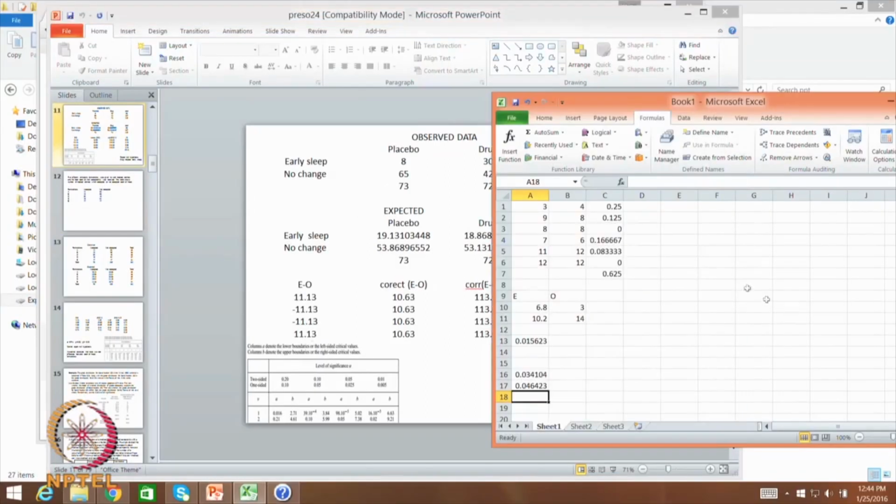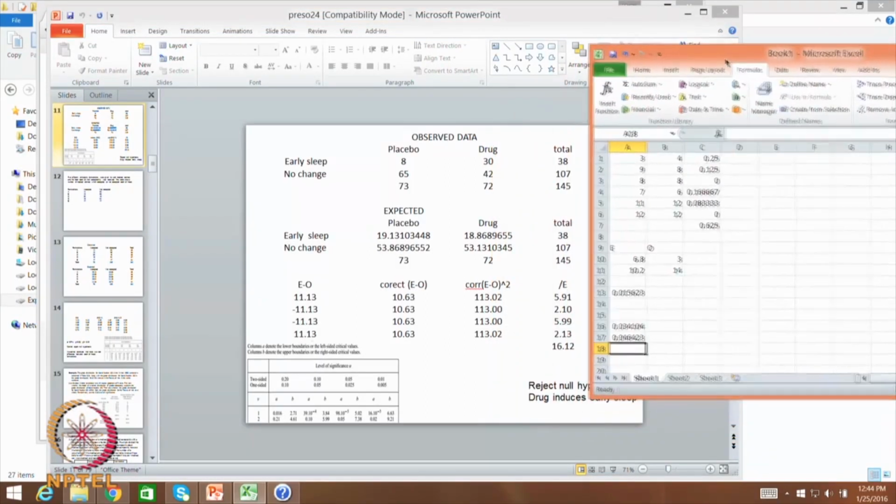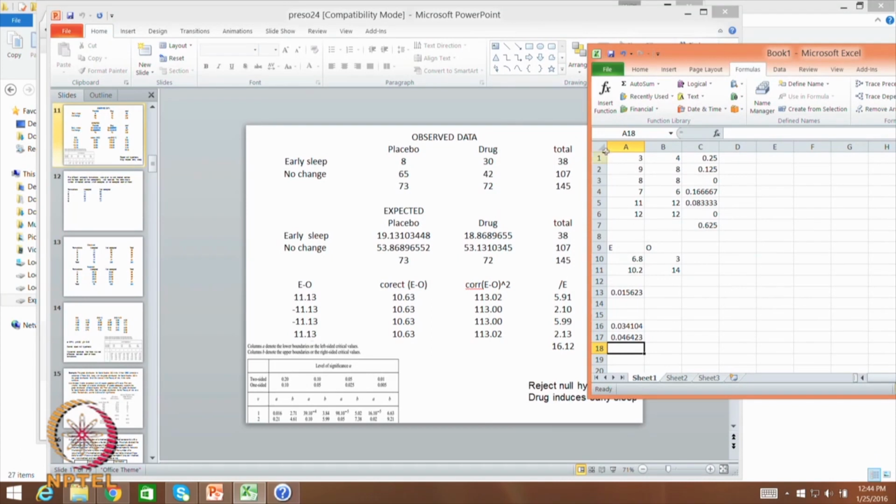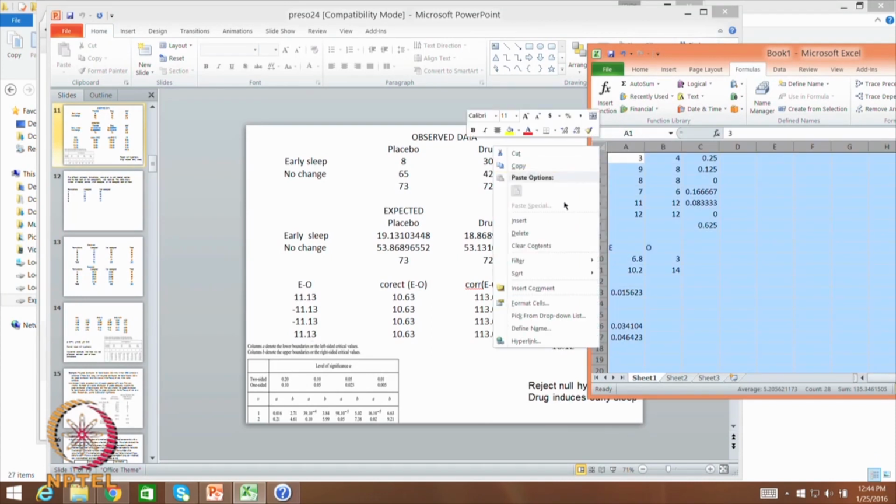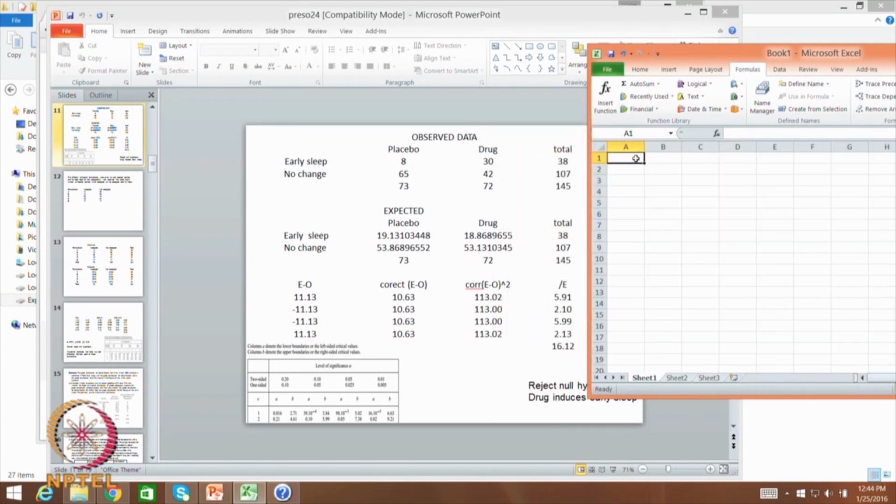So if you go to Excel, we take this data set of 4 values. I will put expected minus observed: 19.13, 53.86, 18.86, 53.13.